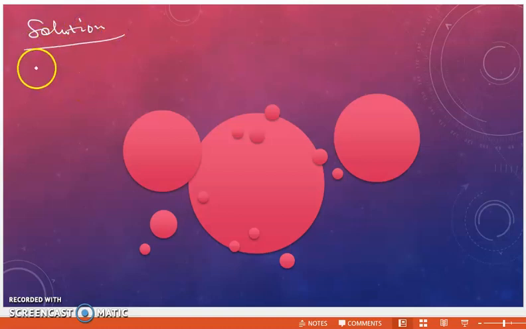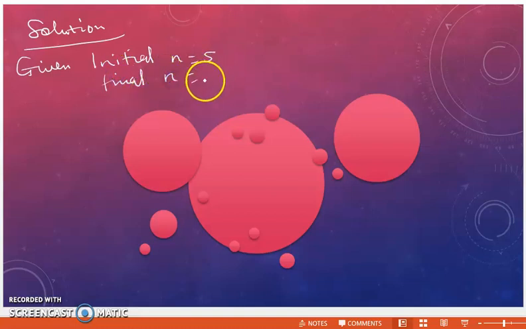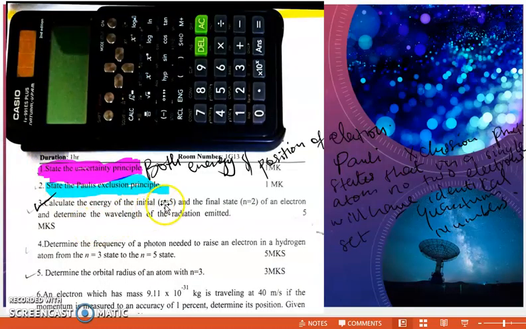What we are given in the question is the initial state, n equal to 5. The final state is n equal to 2. The initial state is 5, the final state is 2.